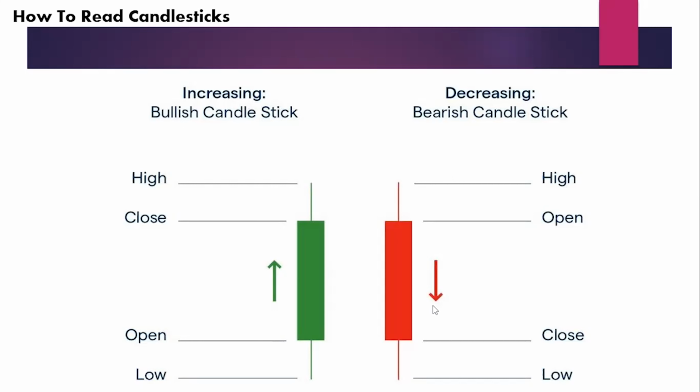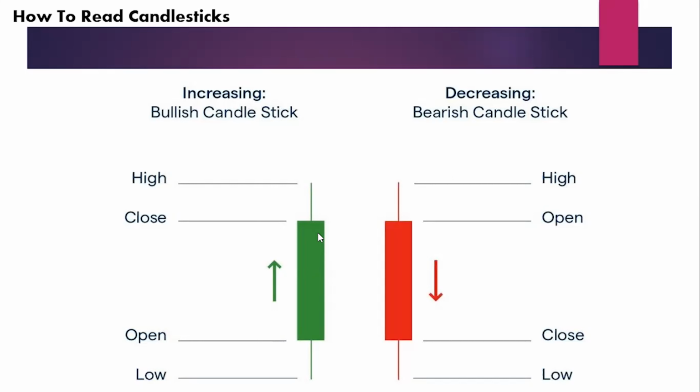Because the closing price was lower than the opening price, the candle ends up being a red candle, aka a bearish candle. So that's what basically dictates the color of these candlesticks.